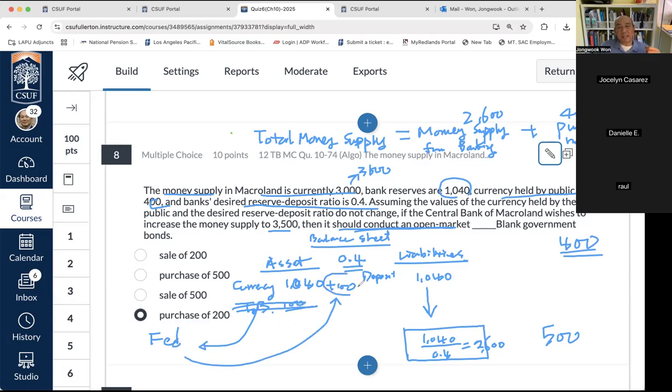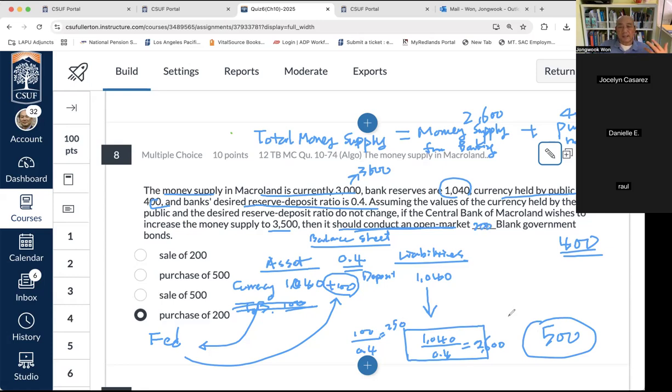If 100 is added here, eventually it will become how much? Divided by 0.4, right? So it becomes 250. So if 100 is deposited, it becomes 2.5 times. So to increase 500 more, they have to purchase 200. Purchase 200.